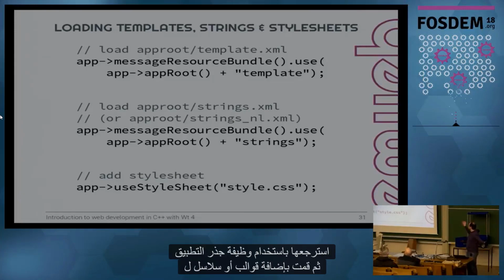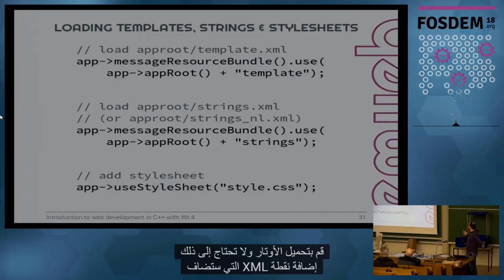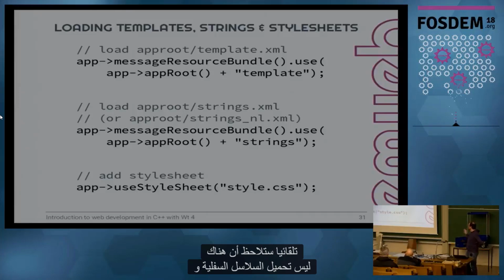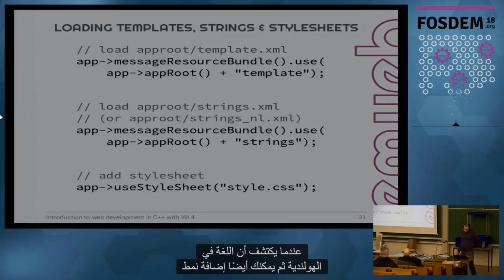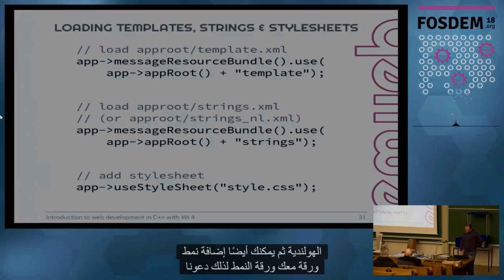And then you add templates or strings to load the strings. You don't need to add the .xml, that will be added automatically. And you'll notice that there's no loading of strings_nl. It will also automatically load that when it detects that the locale is Dutch. And then you can also add a style sheet with useStyleSheet.